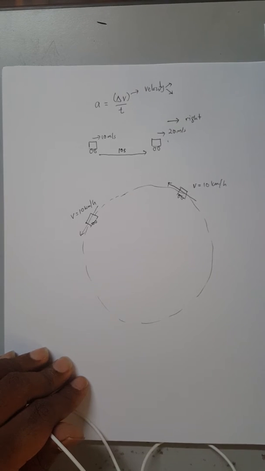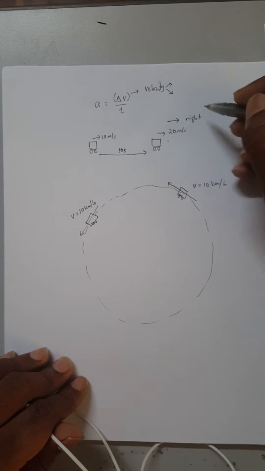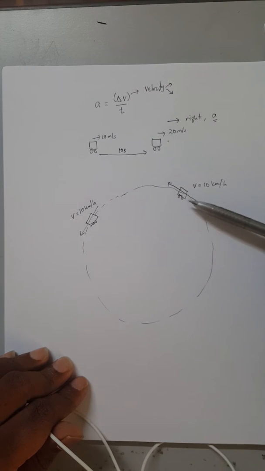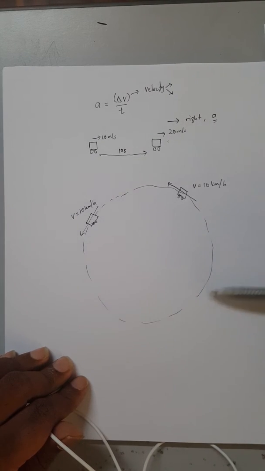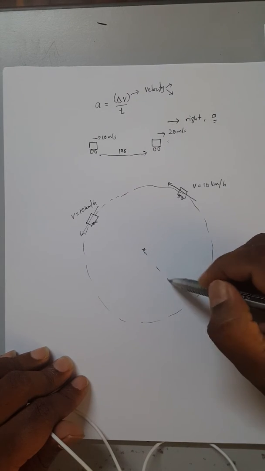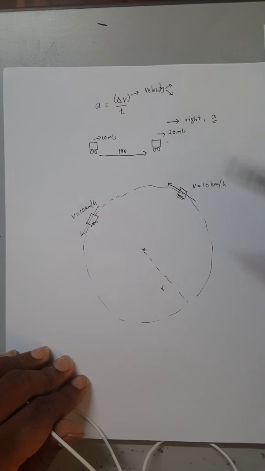Now we know that for linear motion the direction of acceleration is to the right. How about for an object moving in a circle? This is the center of the circle, with the radius r. What is the direction of acceleration of this car?